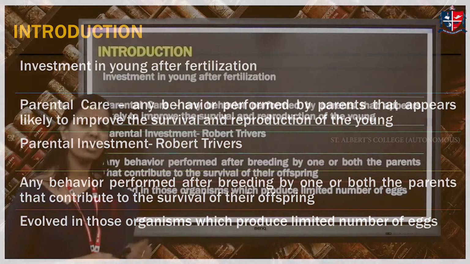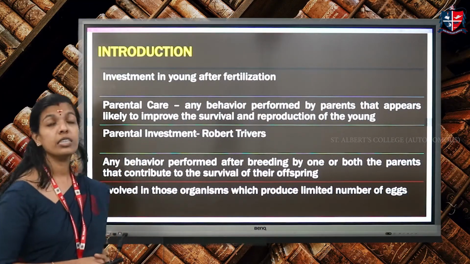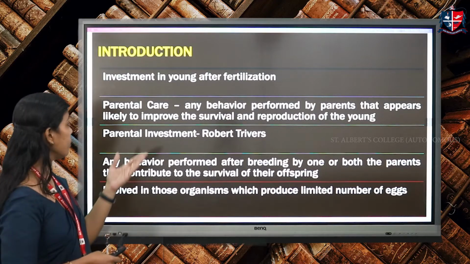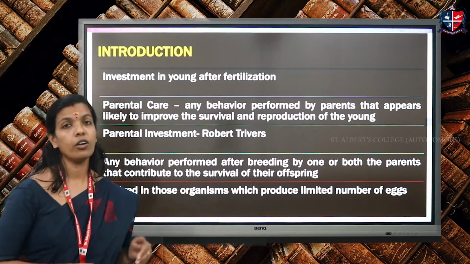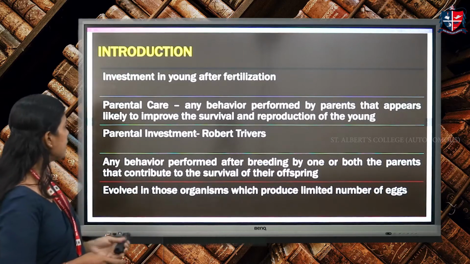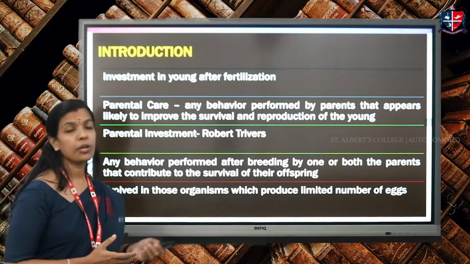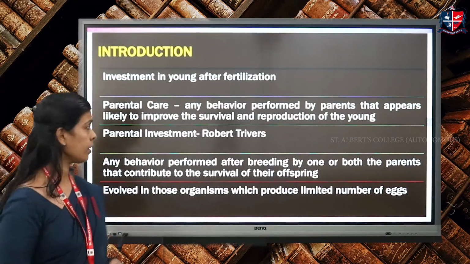To go into a bit more detail, we'll define parental care as any behavior that is performed by parents. It could be either a single parent or both parents. The behavior performed by any of them is likely to improve the growth, survival, and reproduction of their young.